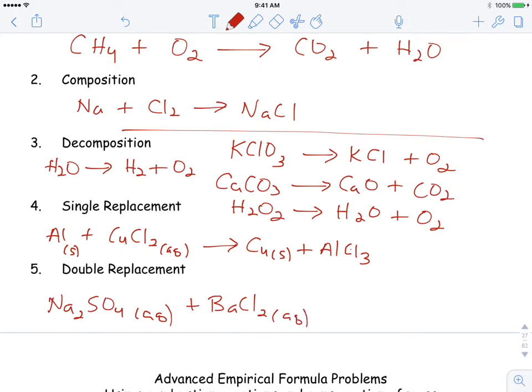And when we react them together, we'll form the barium sulfate compound. That'll be a solid called a precipitate. And the sodium chloride will come out also aqueous in this case. So we form a solid from 2 soluble compounds.